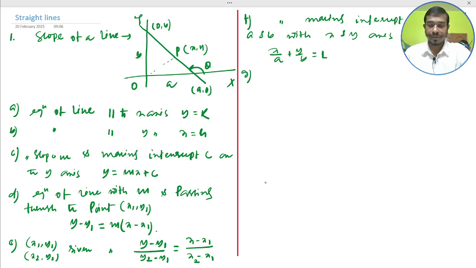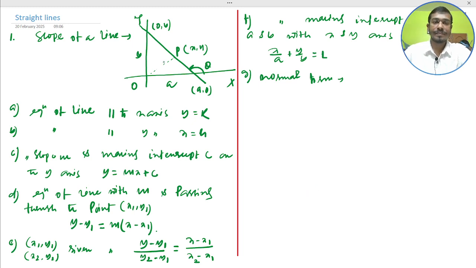Next, the normal form. Normal form of the equation of a line such that the length of the perpendicular from the origin on it is p, and the angle which this perpendicular makes with the x-axis is alpha.